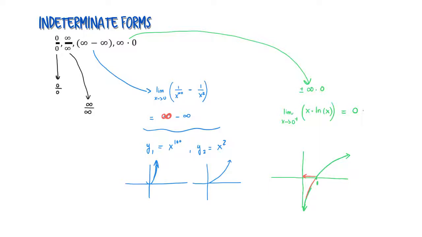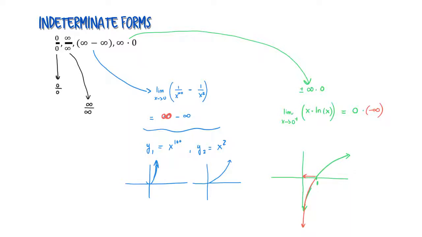The graph is going down, down, down, all the way to negative infinity. So what I'm going to have over here is 0 times negative infinity. And it would be incorrect to say that 0 times negative infinity is going to be equal to 0. You cannot say that. It may not.